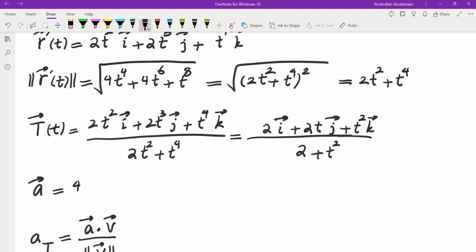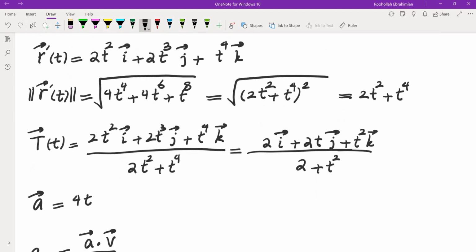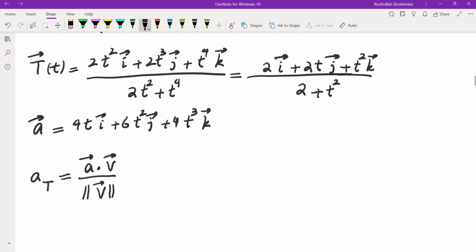We get 4ti plus 6t squared j plus 4t cubed k. Next, we'll find the dot product of acceleration and velocity. That would be the numerator.